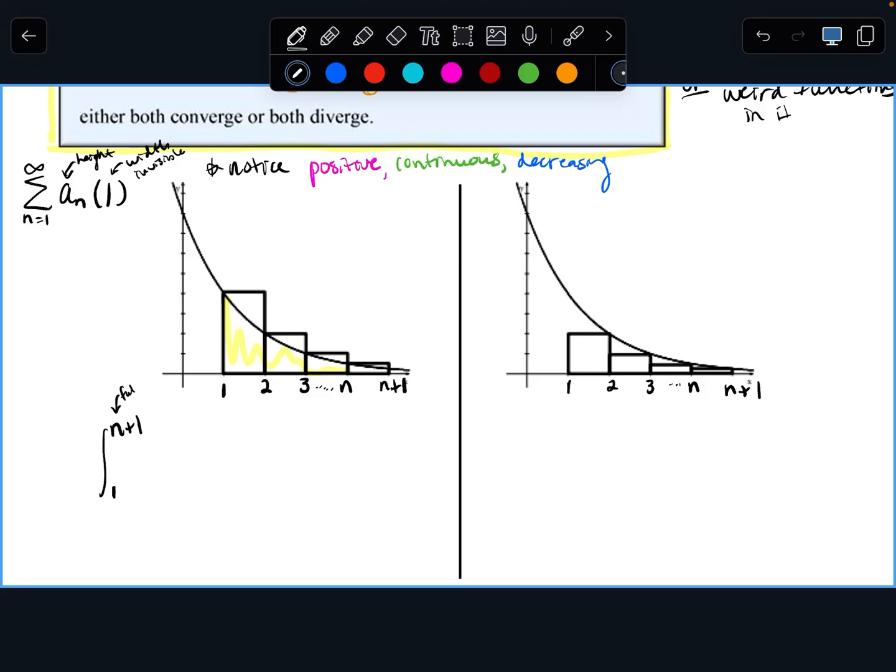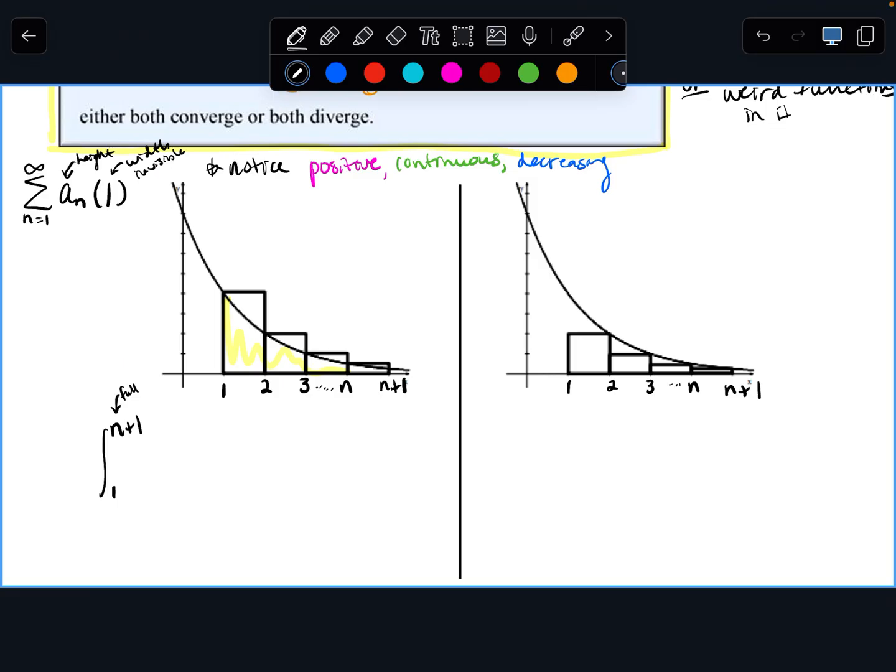So this is the full area, from 1 to wherever I need to stop finding the area. How do you know it's supposed to go to n plus 1? It's the way the proof is set up. You want to use n plus 1 for this because of the Riemann sum. So just hold on.